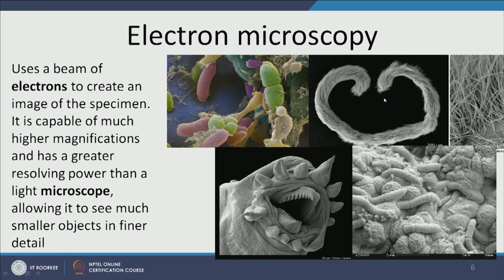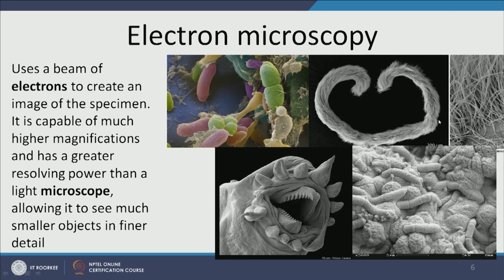Then on its left we have such fine detailing of this particular microbe. Now this microbe is some micrometers in diameter and in length, and we can get features up to nanoscale.